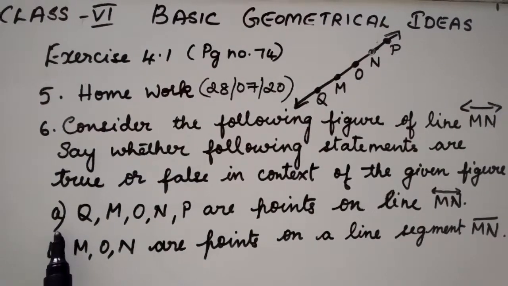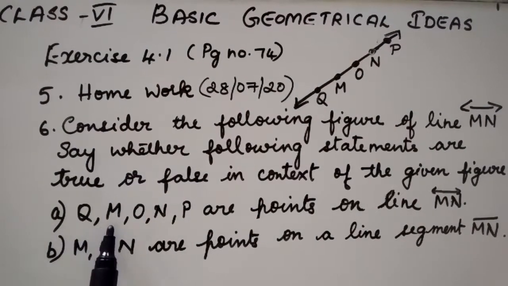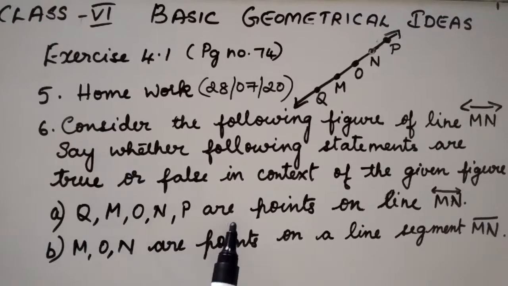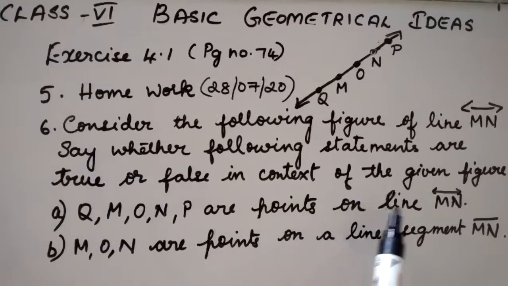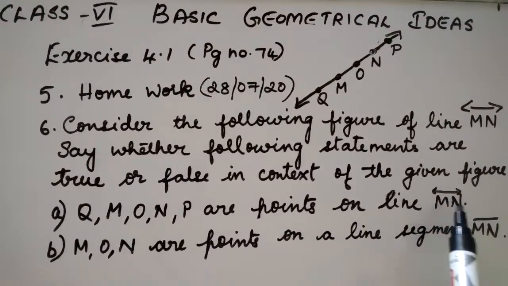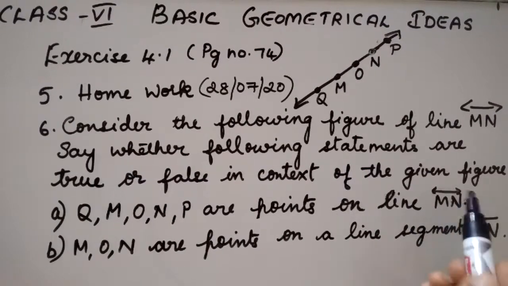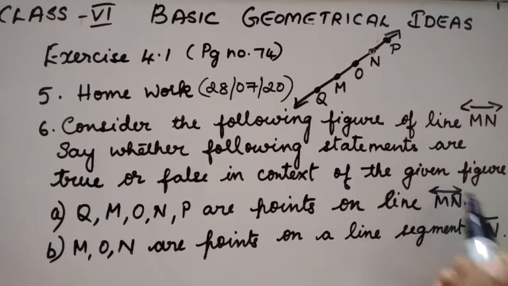So the first statement is Q, M, O, N, P are points on a line MN. This is line MN.